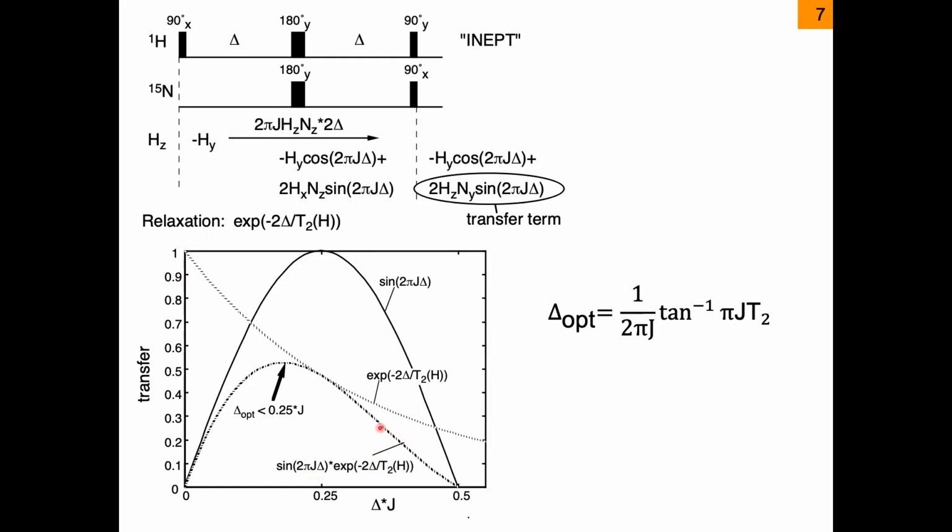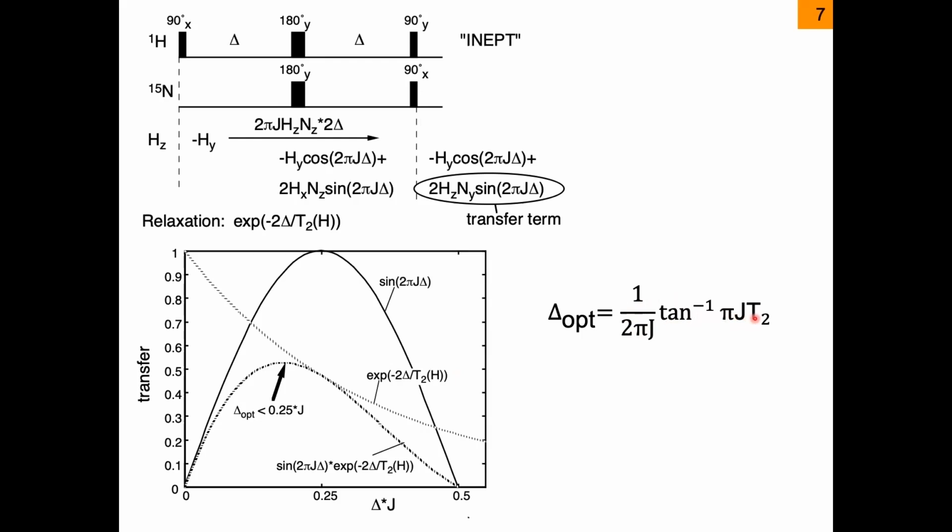So the real transfer looks like this squished sine function, and the maximum is actually shifting to the left. And of course, it's becoming smaller also. You can calculate where the maximum is by differentiating the product, and then you find that the optimal delta delay is 1 over 2 pi J times the arc tangent of pi J T2.